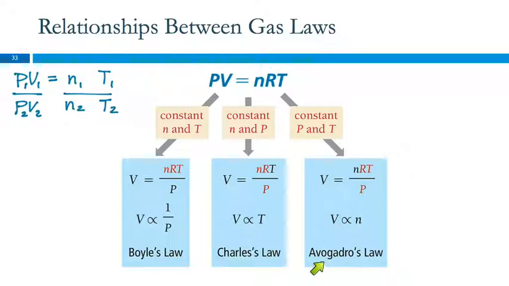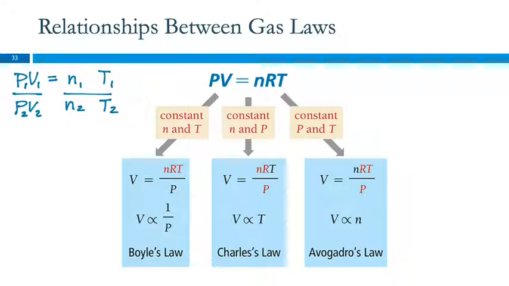So Avogadro's law is when we have constant pressure and constant temperature. If that's the case, then pressure 1 is equal to pressure 2, right? We're changing the volume of the gas, the amount of moles, but the pressure isn't changing.